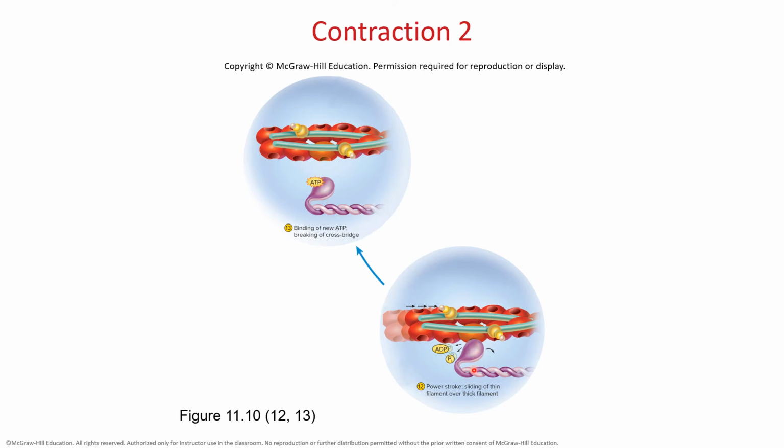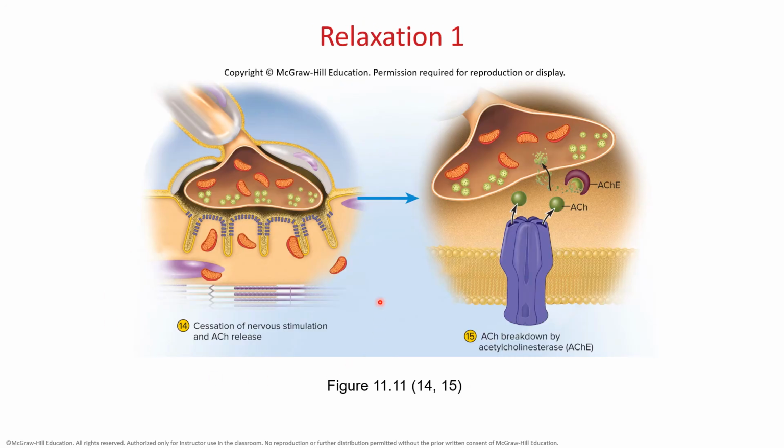ATP has to come up and connect with the head, and then that'll knock it off. That'll break the bound myosin head. So now let's talk about how relaxation starts. The nerve stimulation is going to stop, and therefore you're going to stop releasing the ACh.